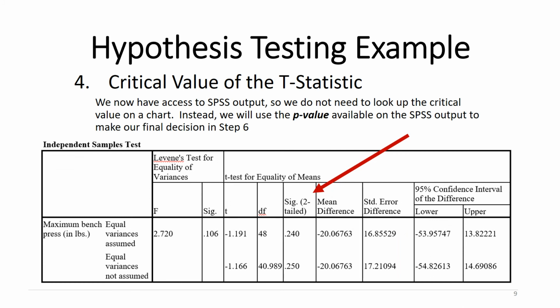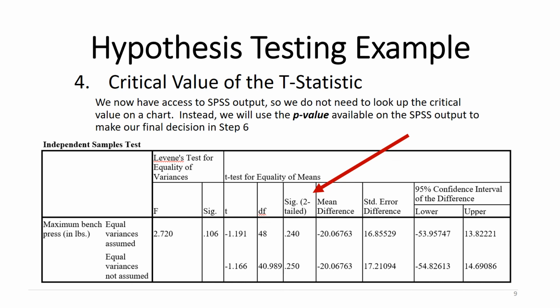When we did the z-test, we needed to have the critical value. You may recall that for the z distribution, which is a fixed distribution that does not waver, when we set alpha at 0.05 for a non-directional or two-sided test, the critical z value was always plus or minus 1.96.